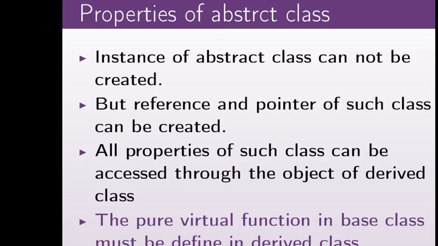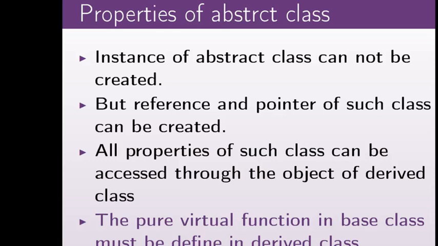So the next point is the pure virtual function. See, this is a very important property of an abstract class: the pure virtual function in the base class must be defined in the derived class. What does this mean? As one class is an abstract class, 100% we are sure that it consists of a pure virtual function.